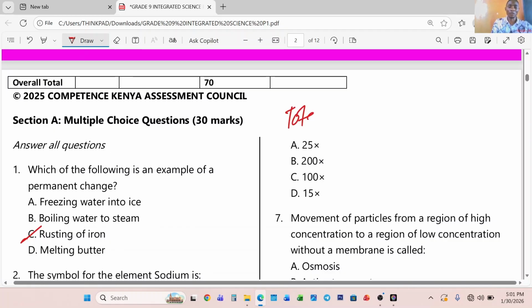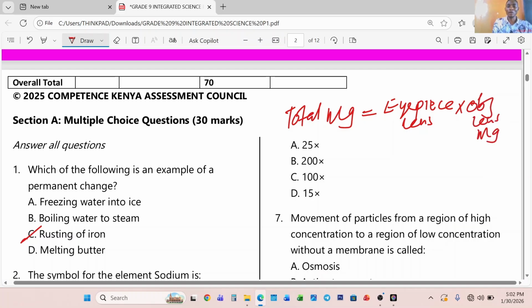So total magnification is given by the eyepiece lens magnification multiplied by the objective lens magnification. So in our case, we have times 5 times 20. So the correct answer to this question is times 100. So the correct answer to this question is C.